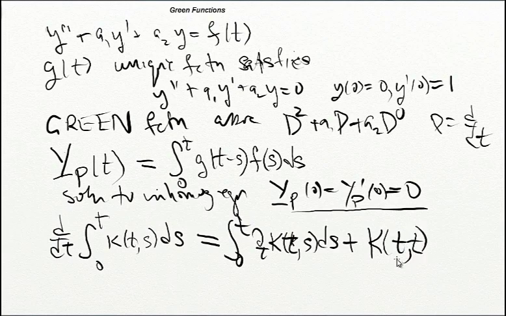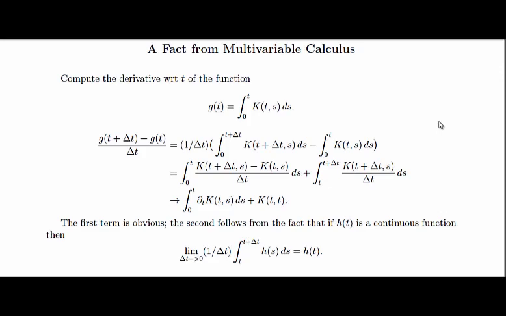So we want to show why that is the case. Here's a proof of the fact. So we're going to compute the derivative with respect to t of the function. I used g again. Probably should have used a different letter, but g(t) is the integral from 0 to t of a function k(t,s) with respect to s. So how do we compute the derivative? We evaluate g at t + Δt, subtract g at t, and divide by Δt.